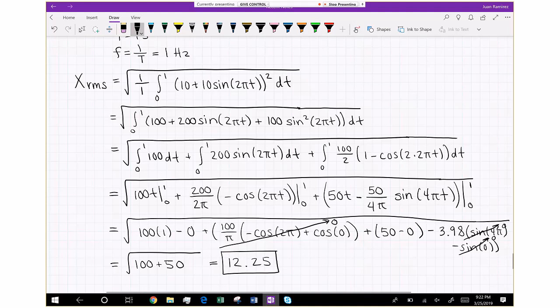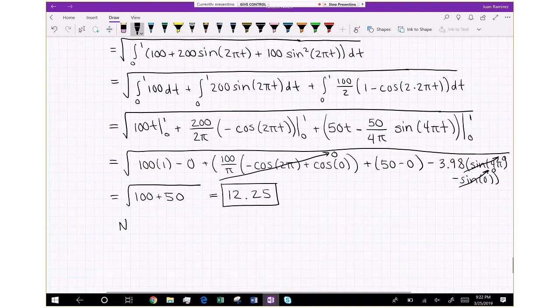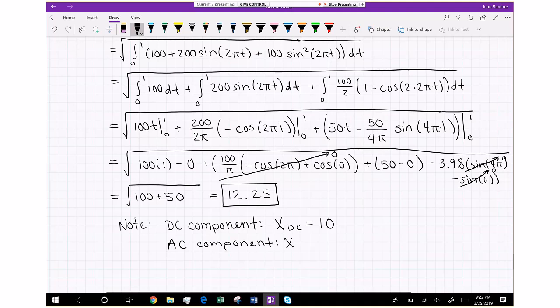Now, let's make a couple of observations. The DC component was 10. The AC component was 10 sine of 2 pi t.